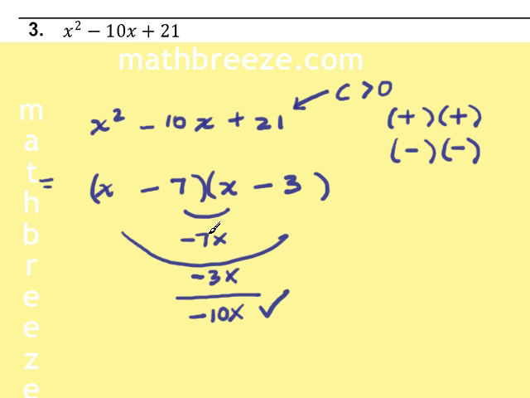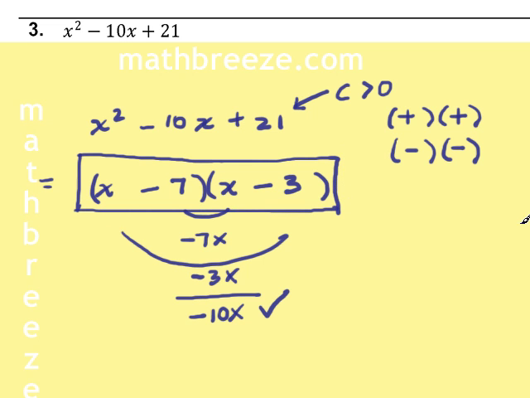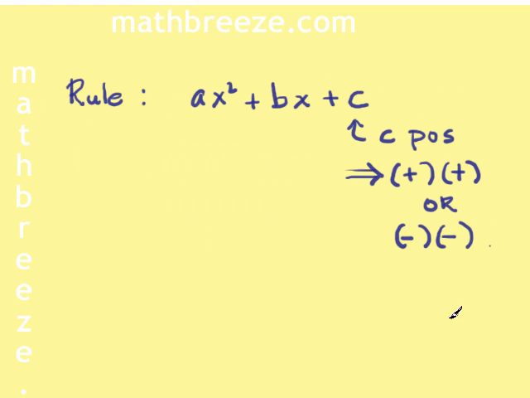So this is the correct factorization. So here's our rule. If we have a quadratic of the form ax squared plus bx plus c, and if c is positive, then the factorization is going to be either plus plus or minus minus. That's the only way that we could get a positive value for c.